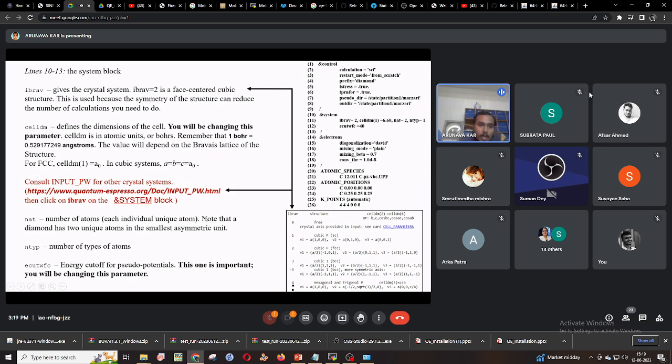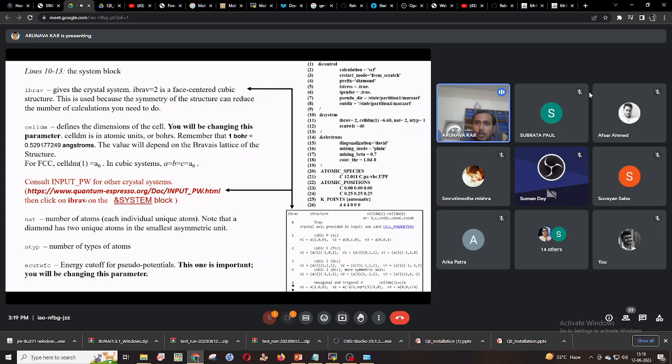If you click on this path, you will get ibrav in the system block. Within the system block, you can get the ibrav documentation, through which you can select the structure of your input file. So this is very easy.